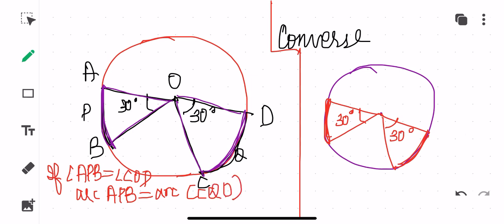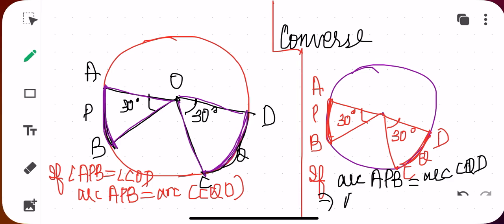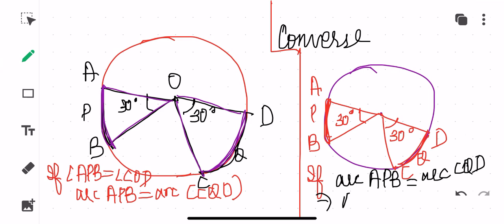And if I talk about the second statement, that is converse, it says that if arc APB is equal to arc CQD, so this implies what? This implies angle AOB will be equal to angle COD. Okay, so this is the converse.